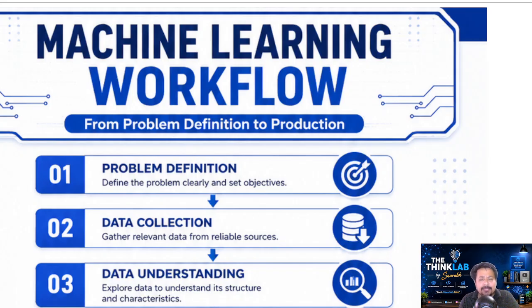After getting the data, the next step is data understanding. Step 3 is data understanding. You can see on the screen, data understanding. So we have our data set. Should we immediately train a model? No. First we need to understand the data set. This is called data understanding.